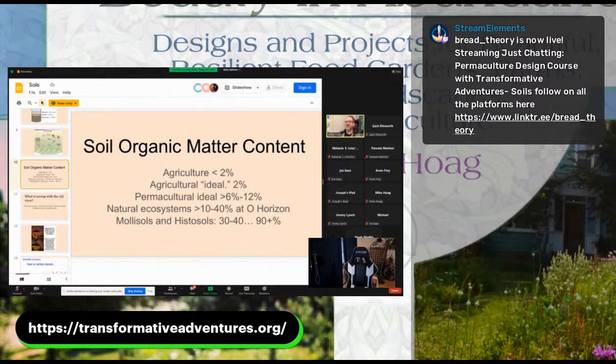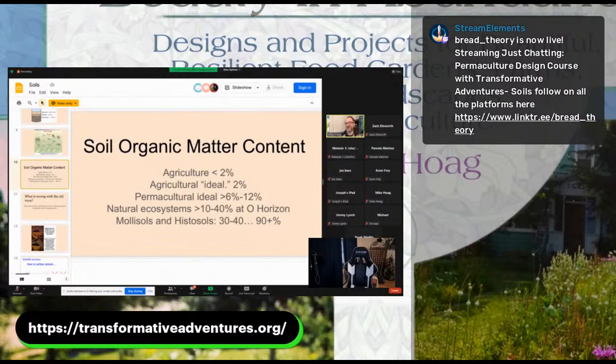To talk about another soil crisis, and a way we could care about soil: if we look at global agriculture, the actual ideal for agriculture is to have 2% organic matter. As soon as you start digging the soil and spraying the soil, that's really hard to do.